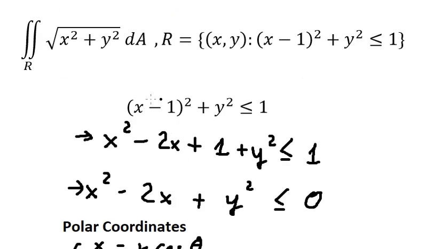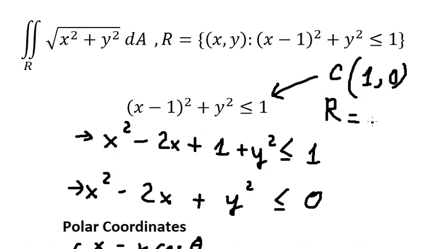And now we need to sketch the circle in here. So this one is the center number 1, 0 in here, and the radius of the circle is the square root of number 1, and this is number 1.